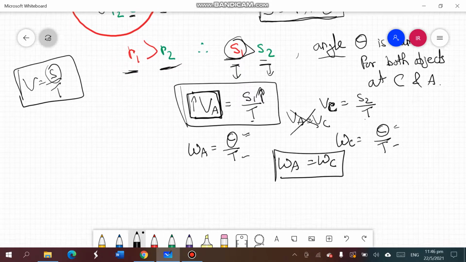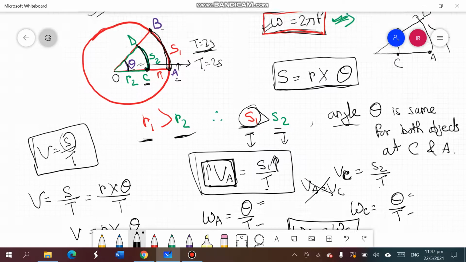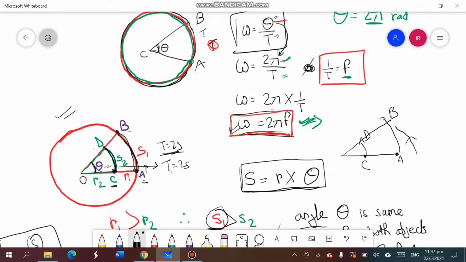So how do we calculate linear velocity using these equations? Velocity equals displacement divided by time. Here the displacement is the arc length, right? So v equals R into theta divided by T, or we can write R into theta by T. Again, what we learned a few minutes back, theta by T is actually omega.